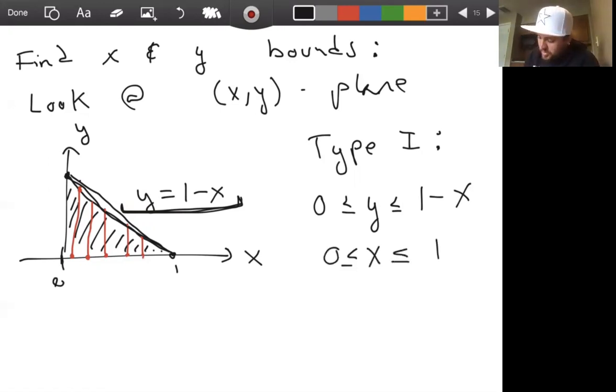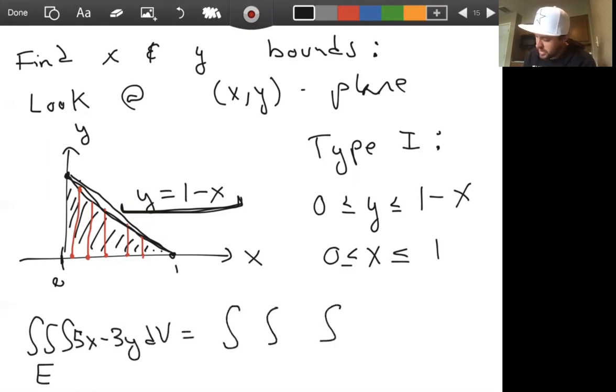And so we can set up the triple integral then. The triple integral over this region E of 5x minus 3y dV equals the triple integral.